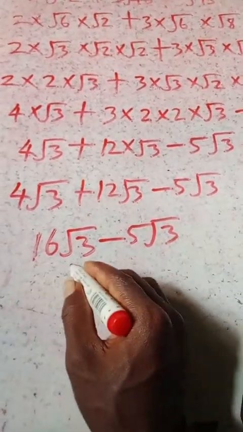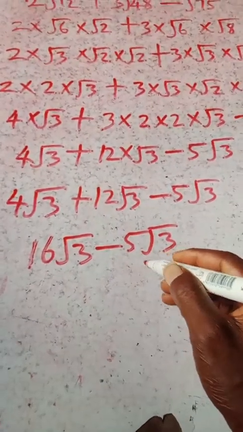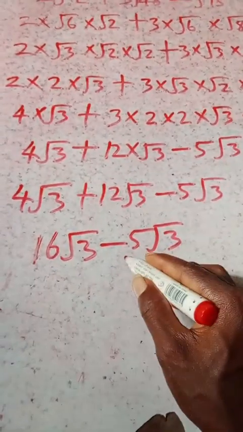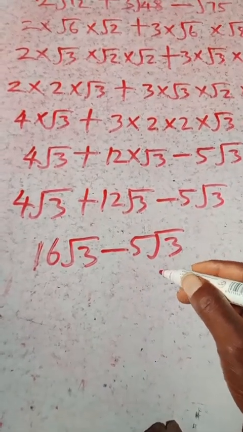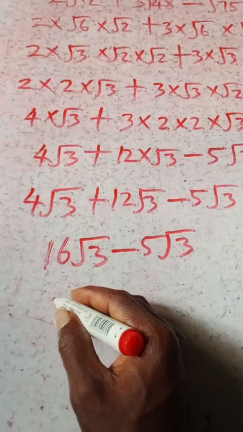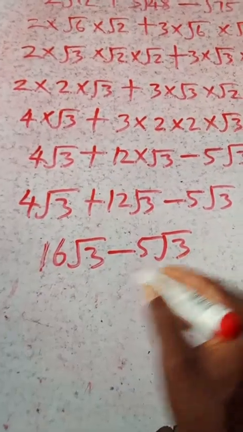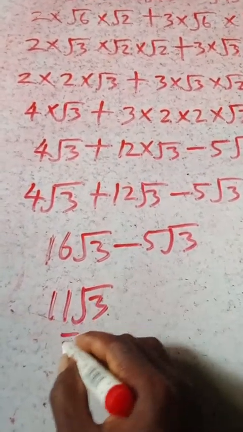Now you have 16 goats, and you are asked to take away 5 goats, or you have 16 goats but you are owing 5 goats. Okay, so when you pay the 5 goats, you will be left with what? 11 goats. So 16 root 3 minus 5 root 3 will be what? 11 root 3. And that's the answer.